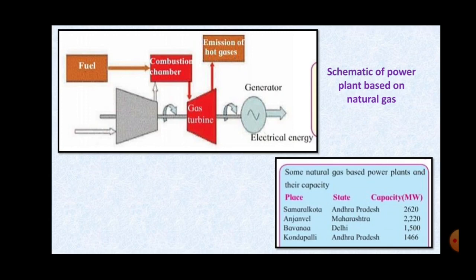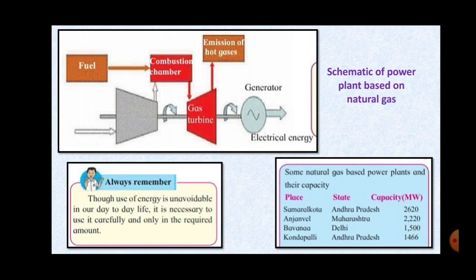Then in Delhi, it is Bawana, where 1500 megawatt electricity is generated. And in Andhra Pradesh, it is Kondapalli, where 1466 megawatt of electricity is generated. So these are the power plants in which the fuel used is natural gas, right?